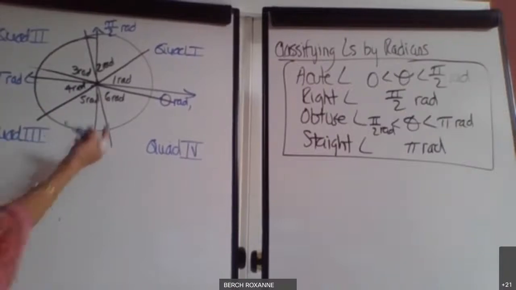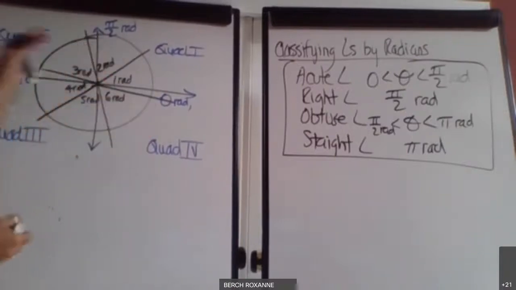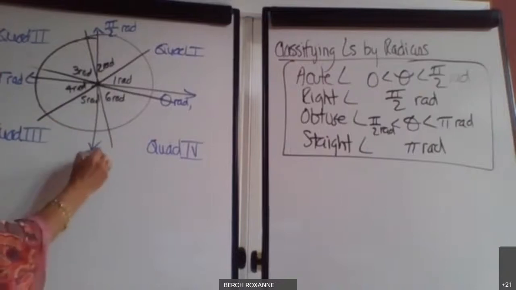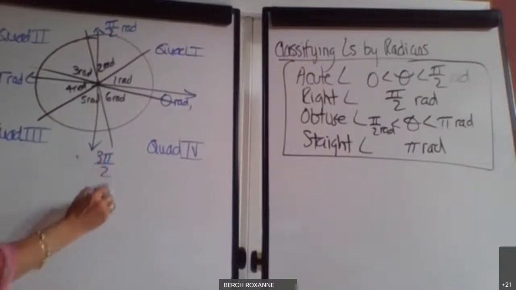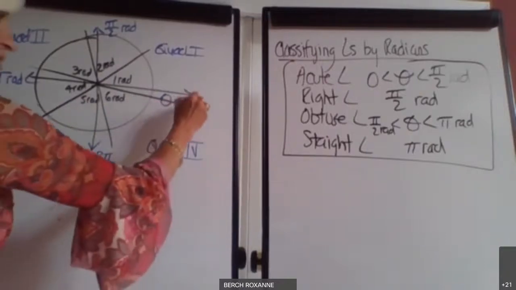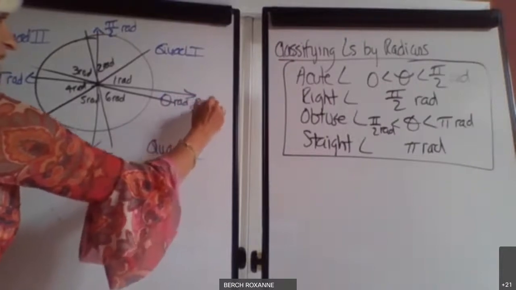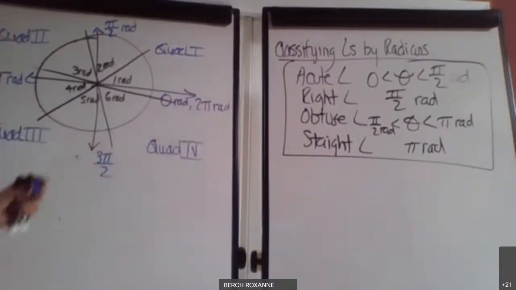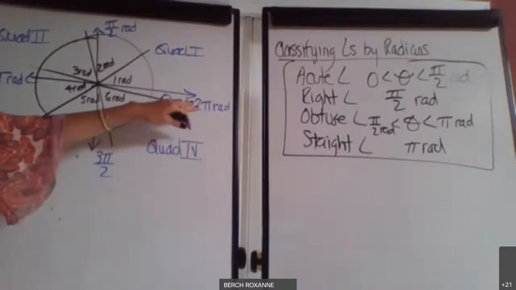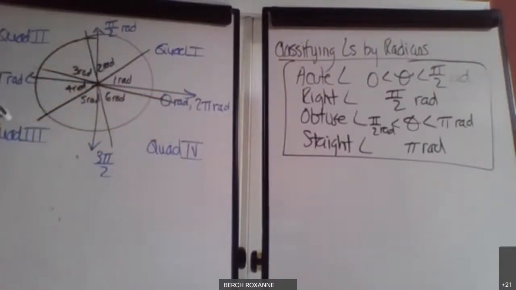This would be pi over 2, 2 pi over 2, 3 pi over 2, 4 pi over 2 would be 2 pi radians. And you can keep going. 5 pi over 2, 6 pi over 2, 7 pi over 2, 8 pi over 2.